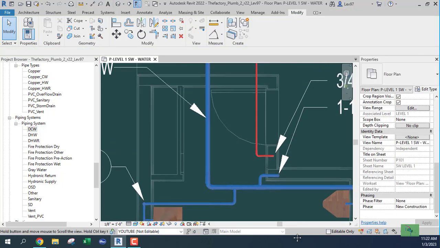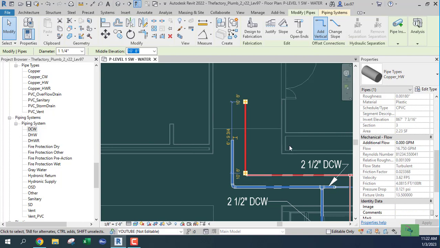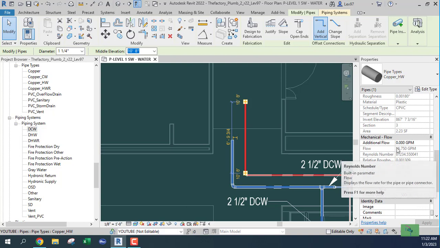Now, on the hot water side, it's a little bit different. The hot water in Revit, we have 13.5 GPM. And so we look at Revit, and Revit says that 13.5 fixture units, according to Hunter's curve, will give us 16 or 17 GPM.